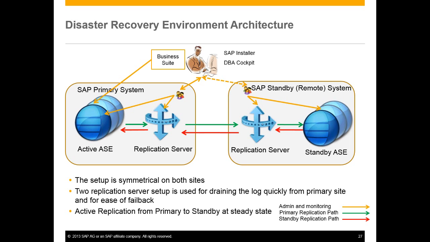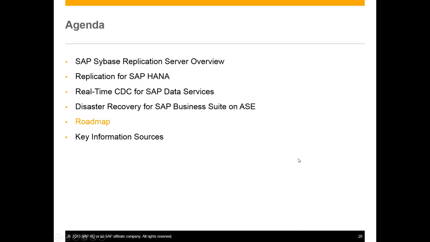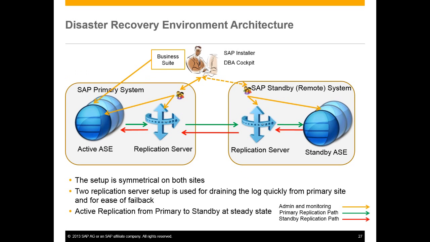On slide number 27, as I mentioned, you can see the setup is symmetrical on both sides, and it is set up as two replications. The reason you want to do that is draining the log as quickly as possible. In the active route, replication goes from primary to secondary. And the red arrow is when you do a failover, then the secondary site will replicate into the primary site.